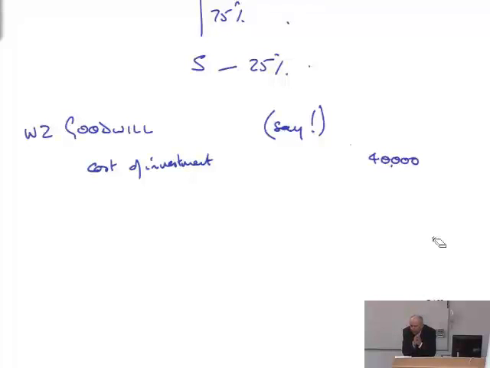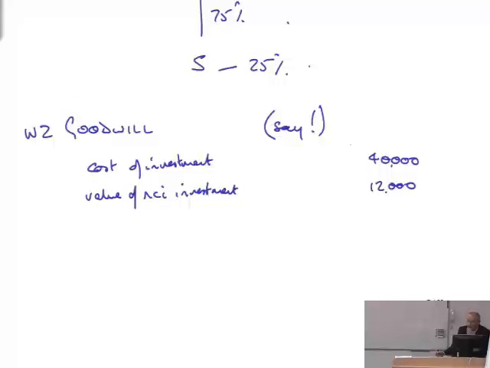So I'm likely to be putting a premium on the value of 75% of the net assets. So the value of the NCI investment is going to be, say, 12,000.